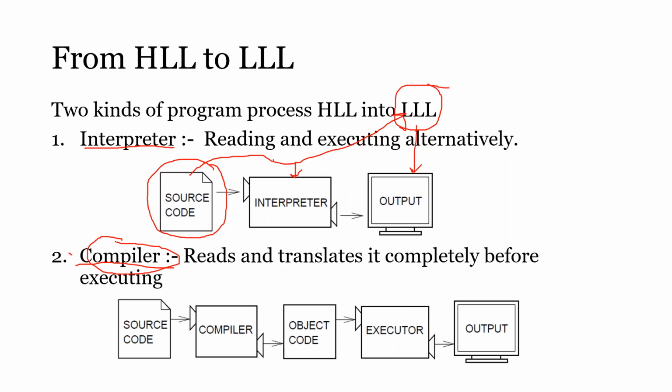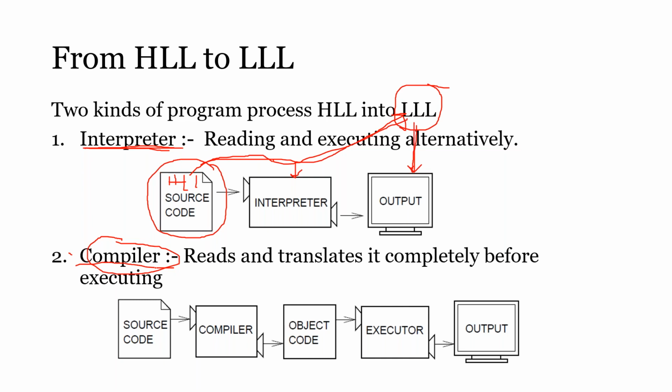So what is the difference between these two? Whenever you are using the interpreter medium, you have written something in high level language. In the interpreter mode, each single line will get converted into low level language and then executed.